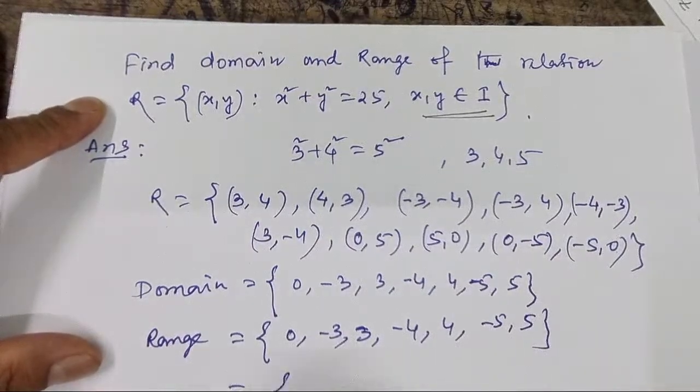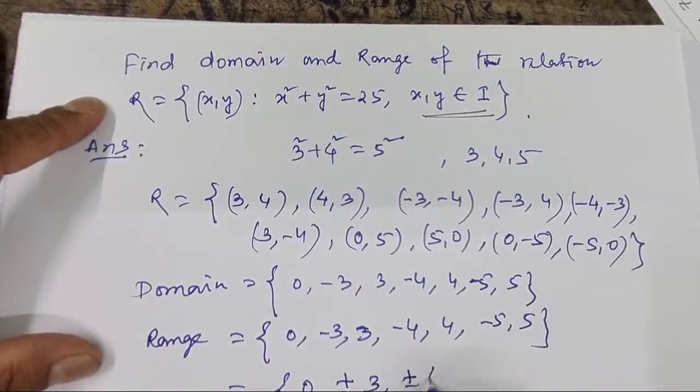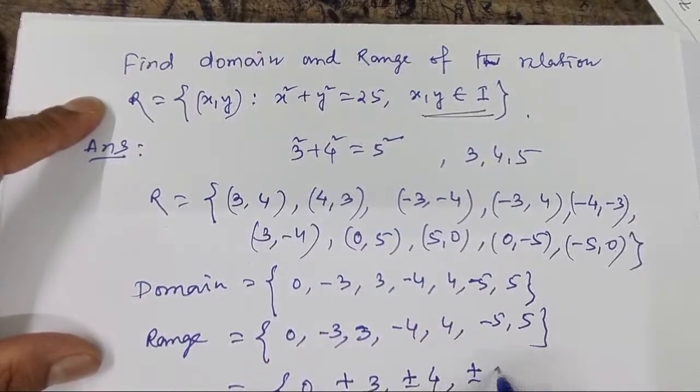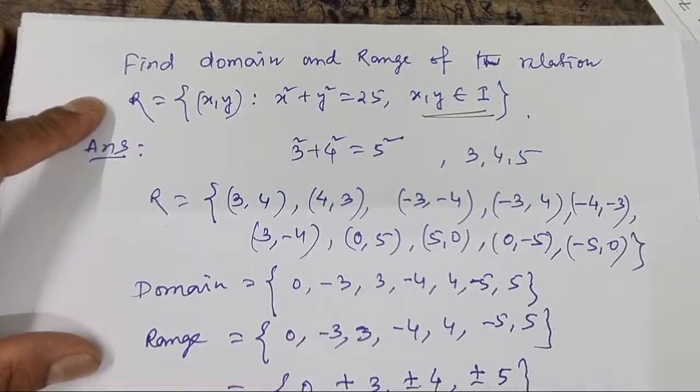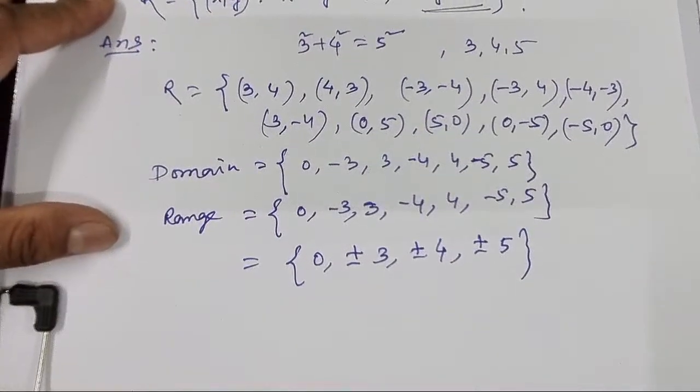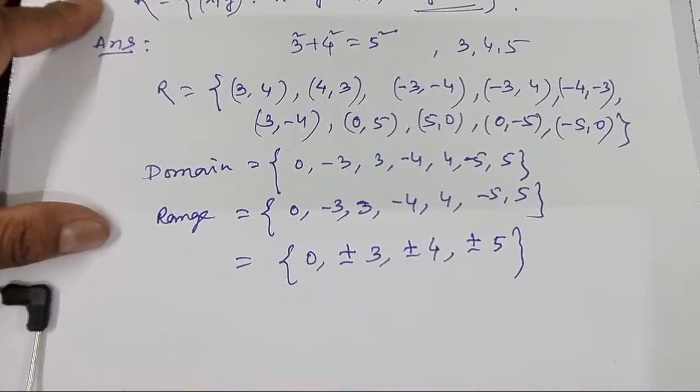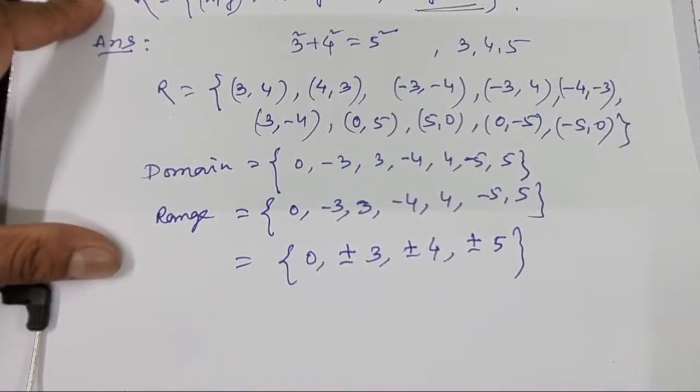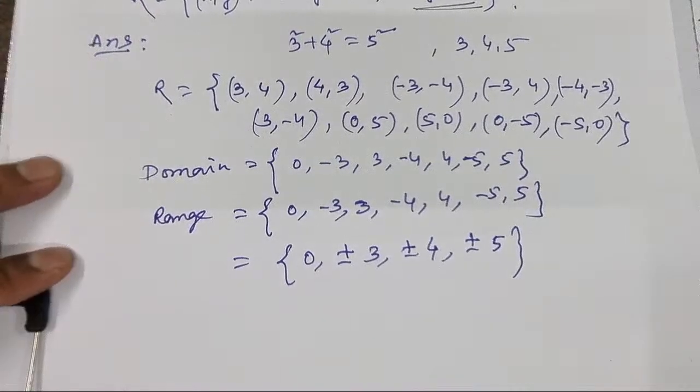You can write it like that also: 0, plus minus 3, plus minus 4, plus minus 5. I think yours is not visible. Okay, so I think now you can see, right? So I hope it's clear. So you got the domain and range, right? Let me do one more question.